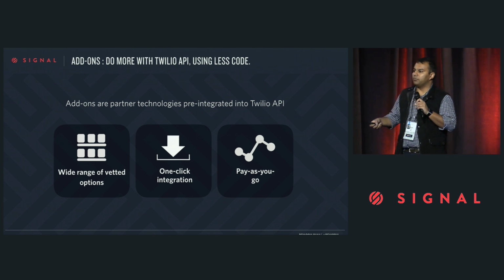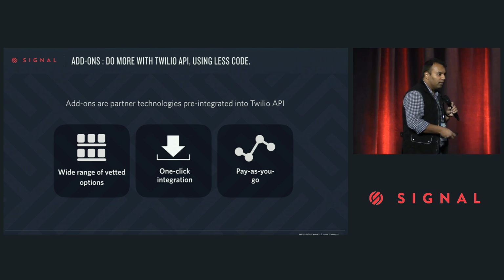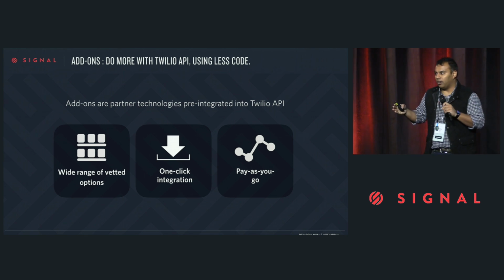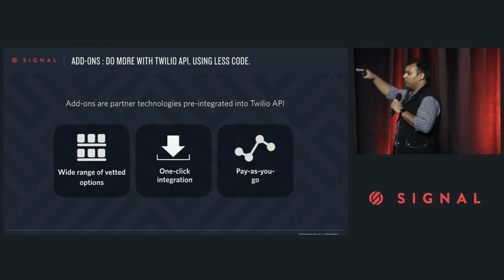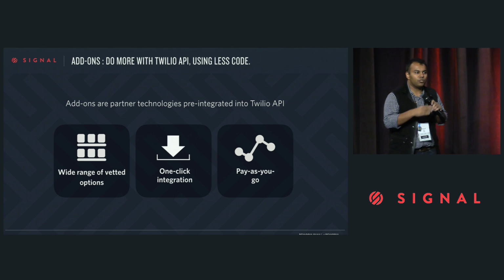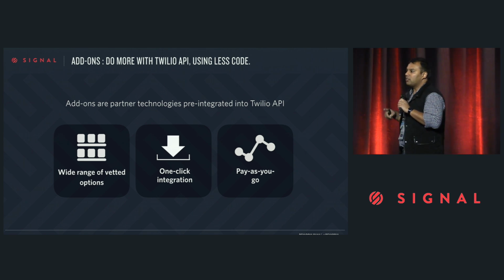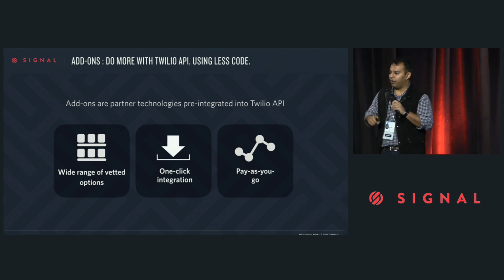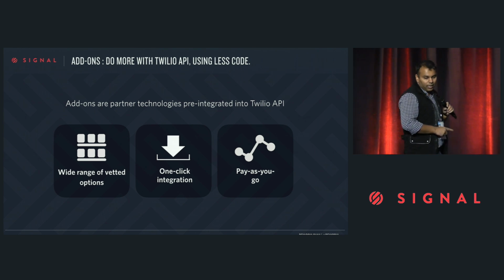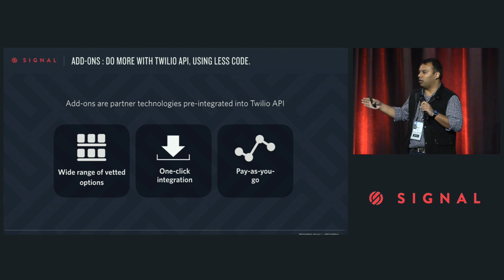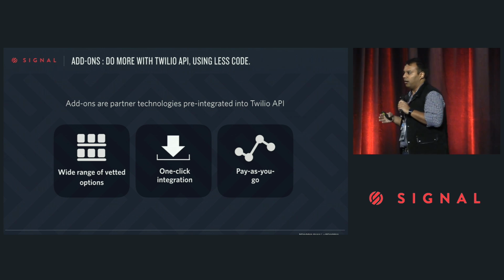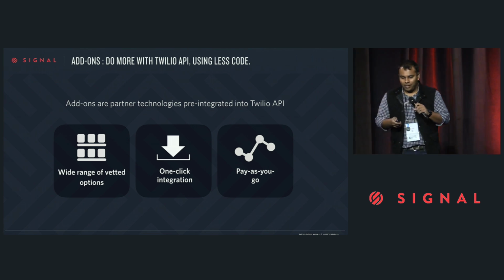And Twilio vets them to make sure that what you're using has gone through a set of standards and meets resiliency and allows you to build your app and a business on top of it. Add-ons are usable with a single-click integration through the console, and they're pay-as-you-go through the same model that you're very familiar with on other Twilio APIs.